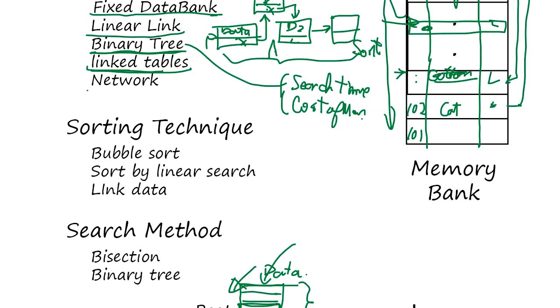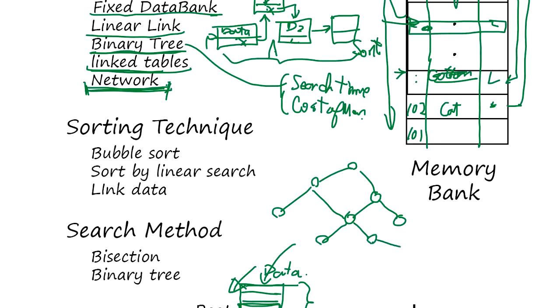There is some special case, like some games and other special databases, that use a network. A network is like you have this, and depending on a certain algorithm, it branches out, and it may come back here again.